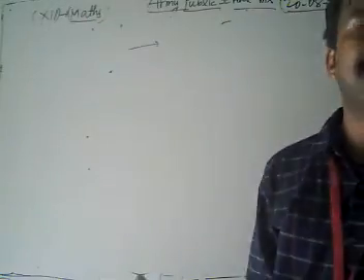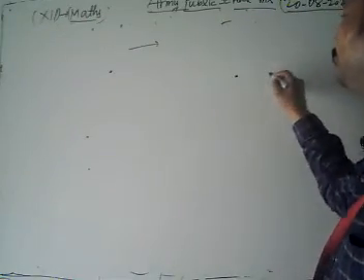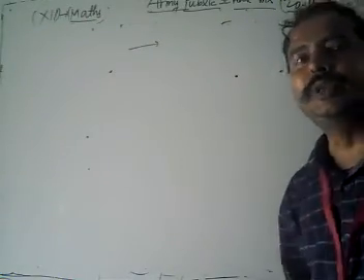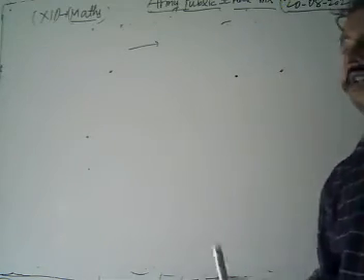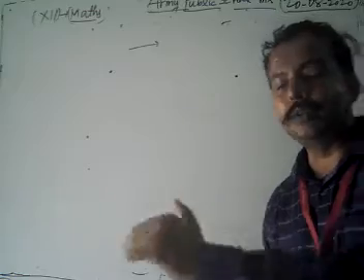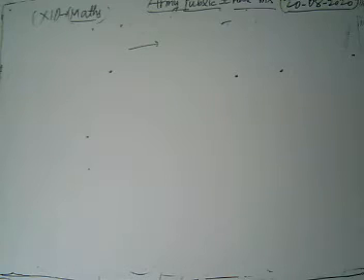The second condition is that we know two given points. So to find the equation of any straight line in space, the first requirement is that we know it passes through a given point.